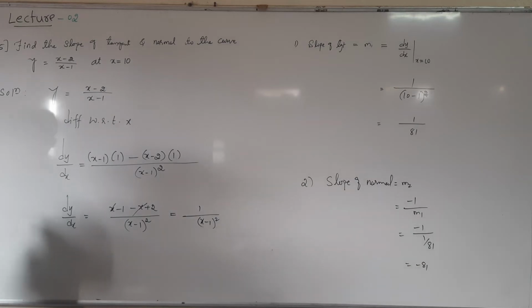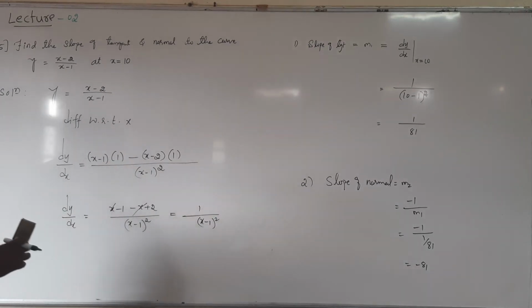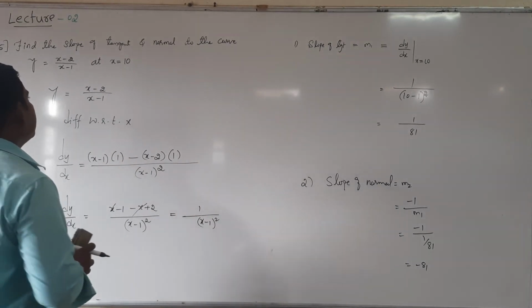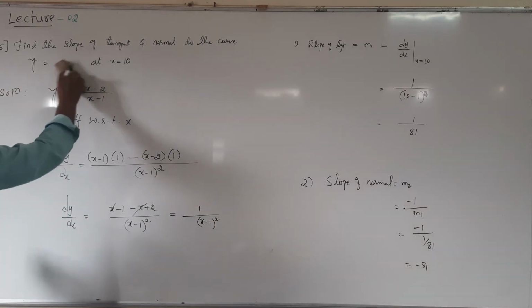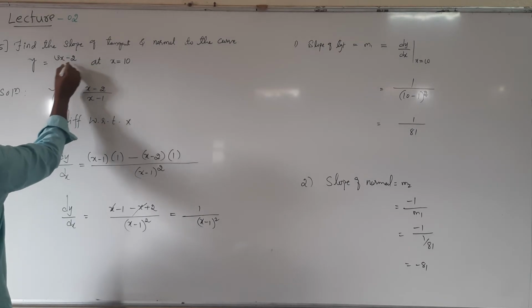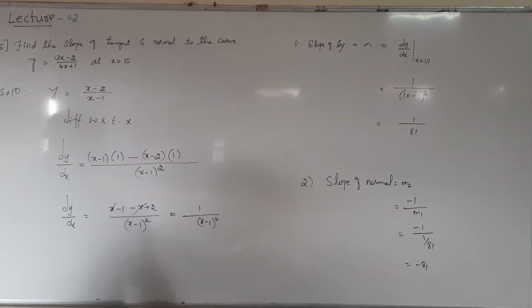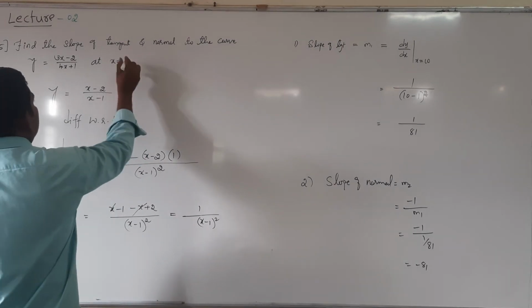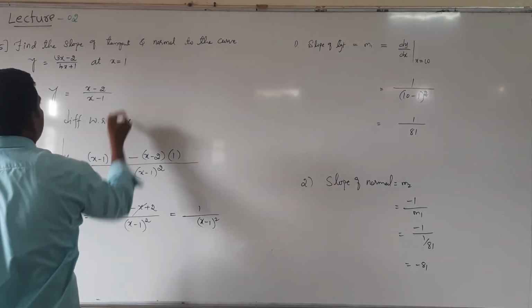Next, find the slope of tangent and normal to the curve y is equal to (3x minus 2) divided by (4x plus 1) at x equal to 1.